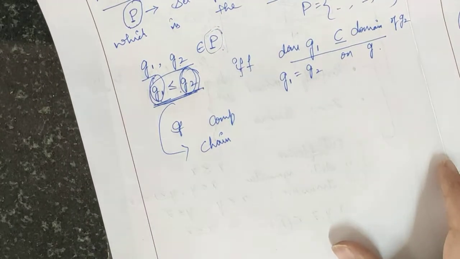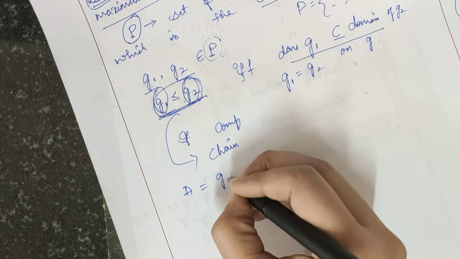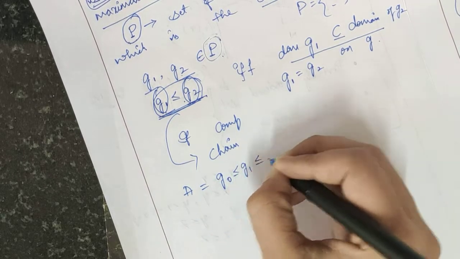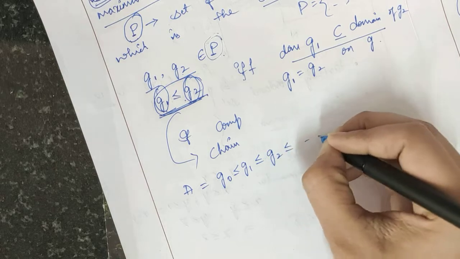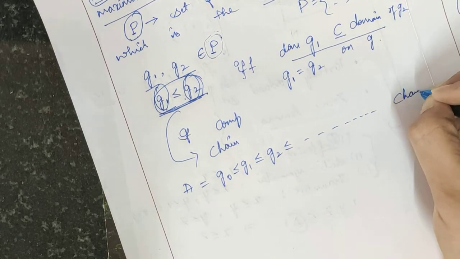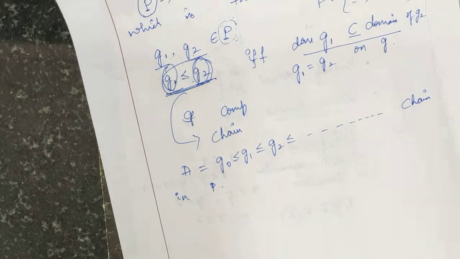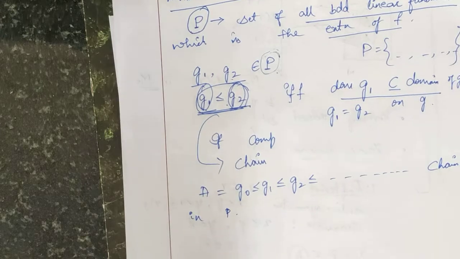Right? So I can write that chain as A equal to G0 less than or equal to G1 less than or equal to G2 less than or equal to, and so on. This is a chain in P. Observe carefully.